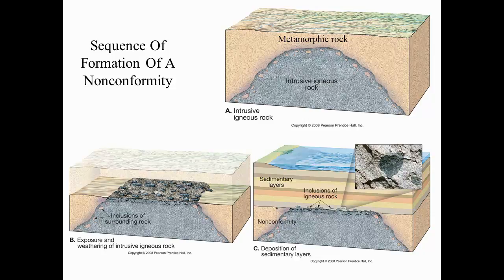Afterwards, the seas come in and deposit horizontally layered sedimentary rocks above that old erosional surface. And so we have what's termed a nonconformity. In other words, whenever you get an erosional surface that's underlain by igneous or metamorphic rocks, right away that's a nonconformity. Okay?